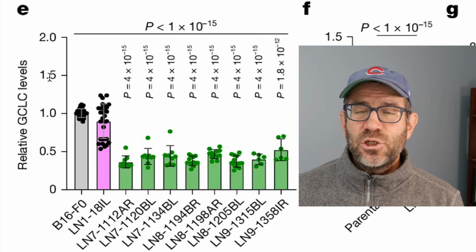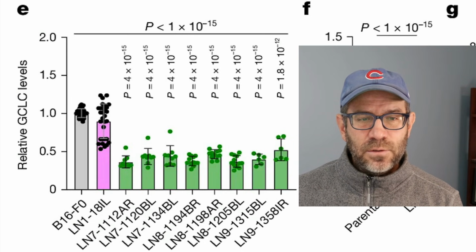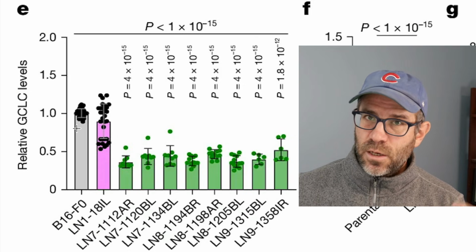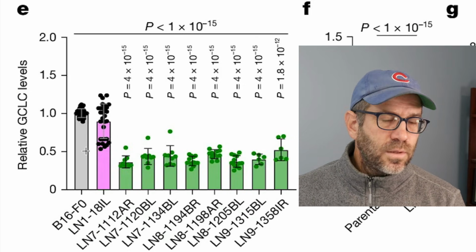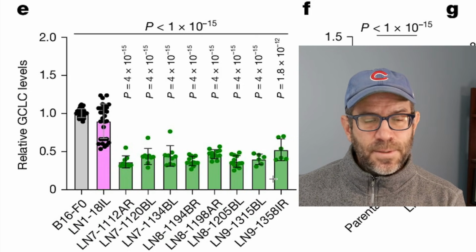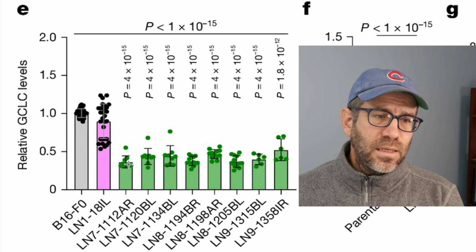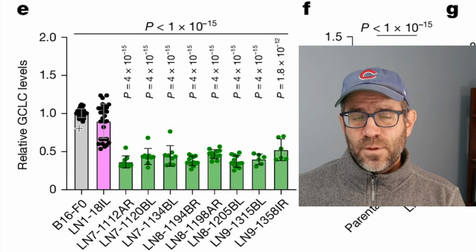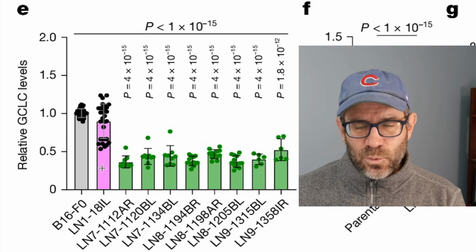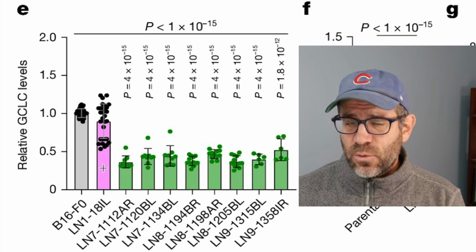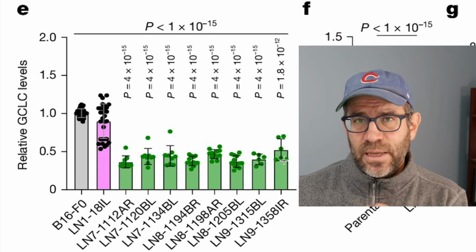So how much GCLC was in L9 relative to what we saw back in the parental line. The color of the points and the bar corresponds back to the stages that we saw in panels B and C, where black was used for the parental, this purplish was used for the day 1 or generation 1, and then the green was for the late stages.